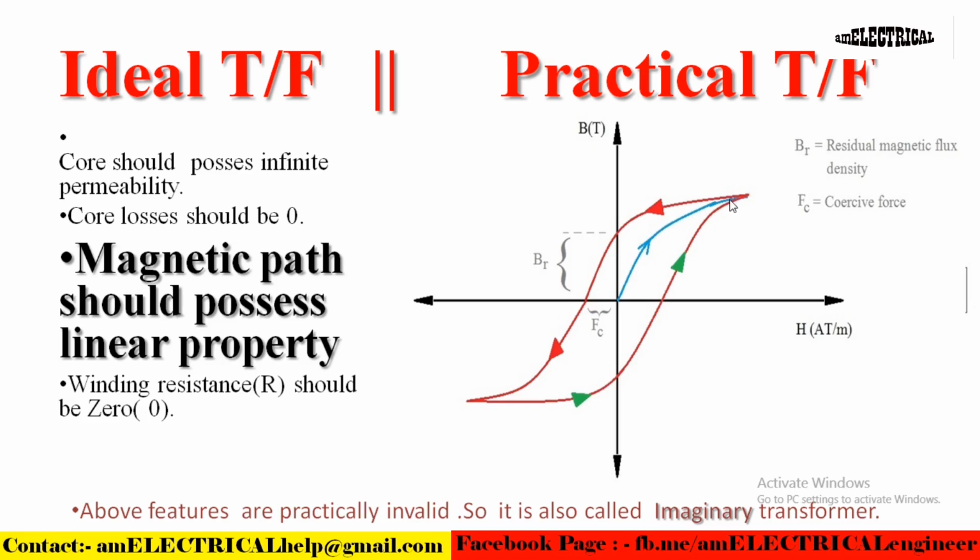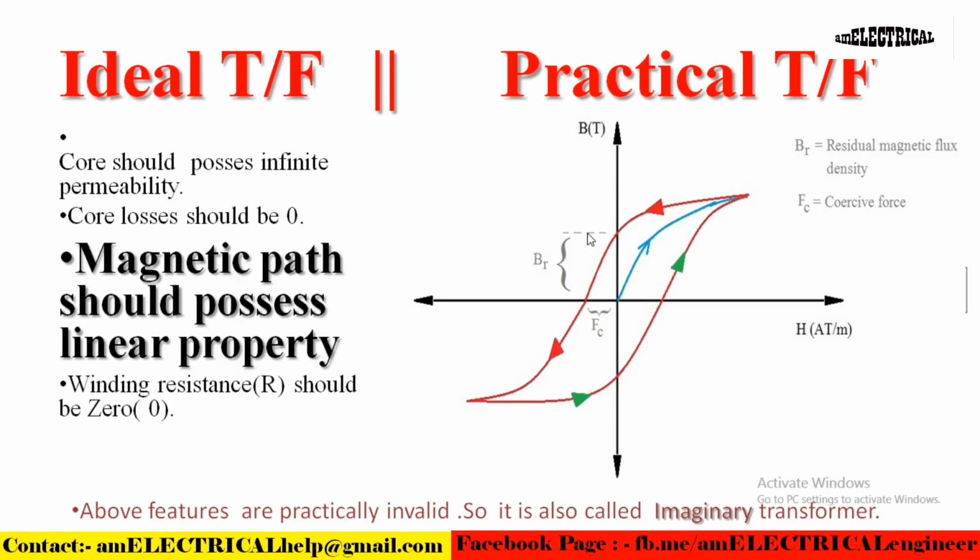Then we will try to decrease the value of H. When the H value comes to 0, then B, that is flux density, is cutting the positive y-axis at some point. That means when H becomes 0, there is still some flux.